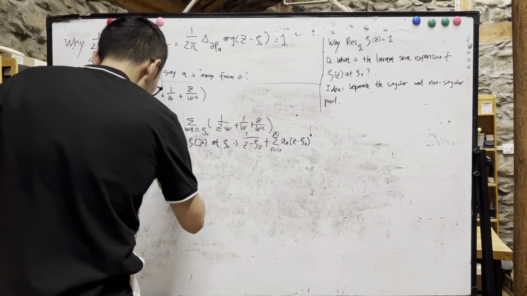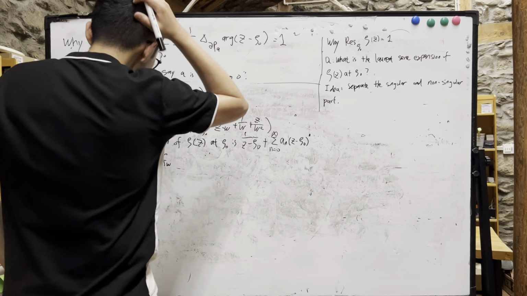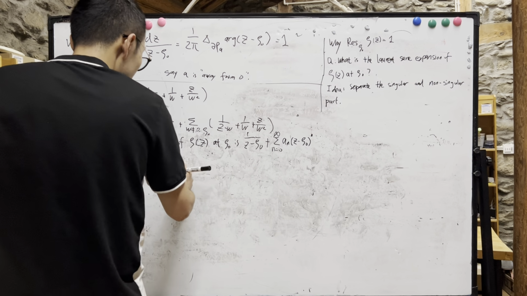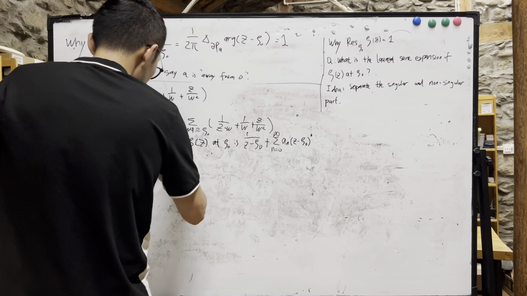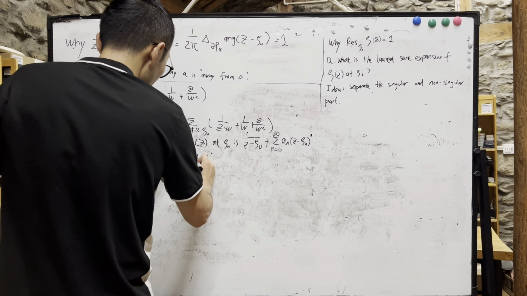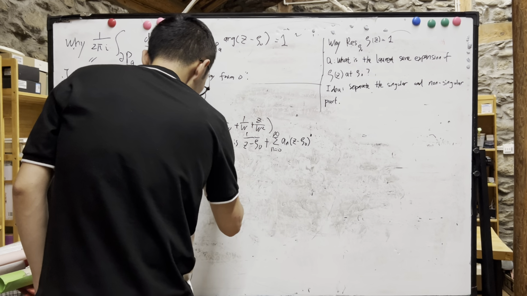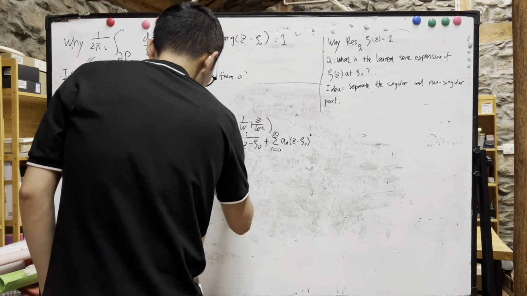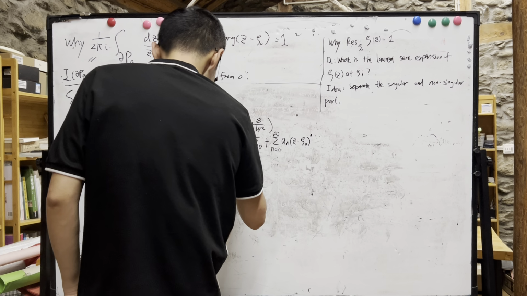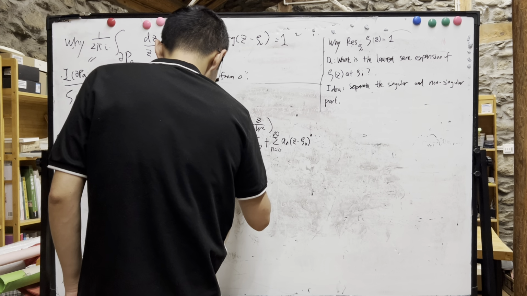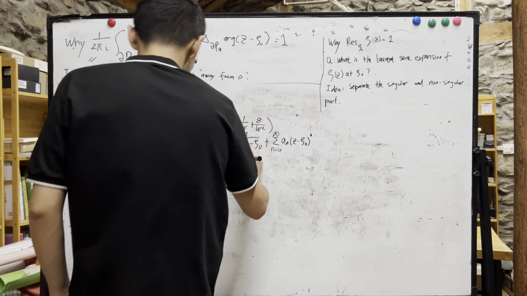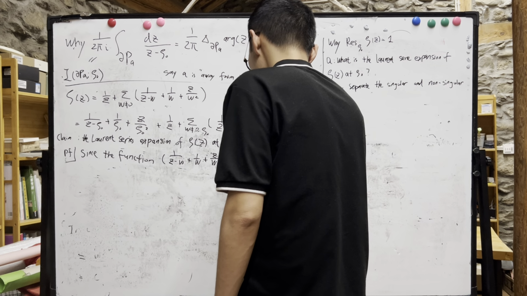So therefore, let's define this f of w. So maybe let's use this one. The function 1 over z minus omega plus 1 over omega plus z over omega squared is holomorphic.